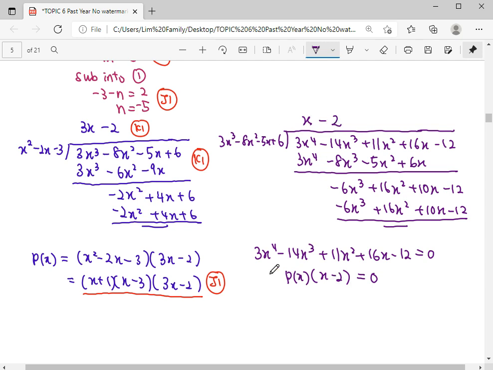So we can put in our polynomial factorized now. Our px is equal to this. In the factor form, we take the factor form here so that we can solve it equals 0. When I want to solve it, I want to find out what our x is. x equals negative 1, then x equals 3, this is x equals 2 over 3, and this is x equals 2.